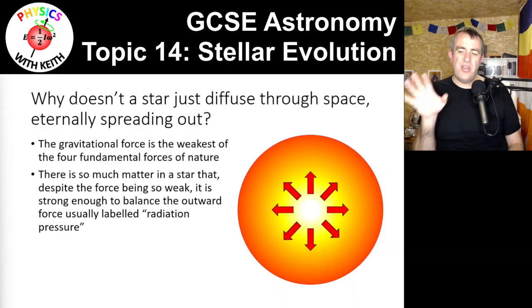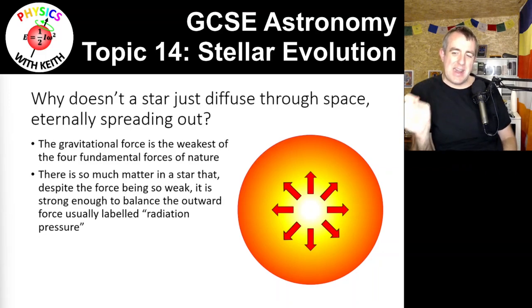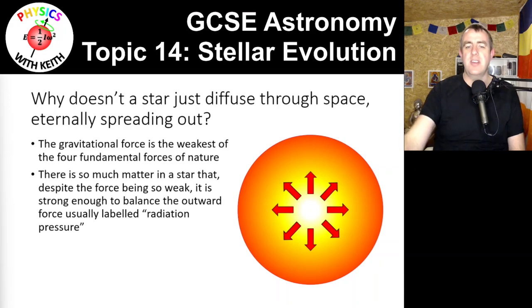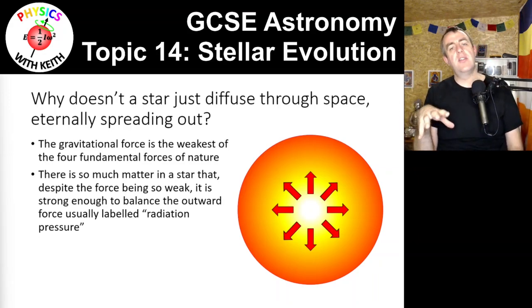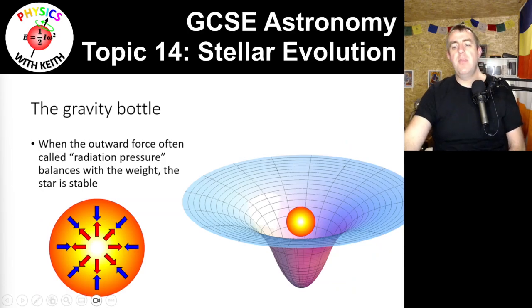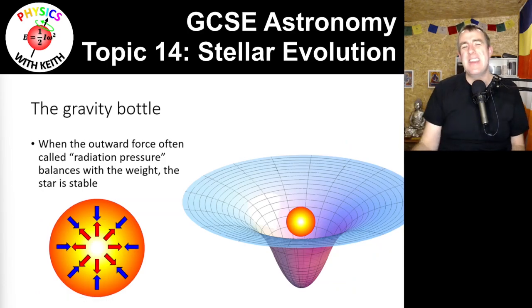So we've got this issue that we say that the weight is balanced with the radiation pressure, and that's why the star doesn't collapse. Radiation pressure is high enough and doesn't expand out forever. The weight of the star, well, the matter in the star is high enough. But I'm not keen on that terminology, but that's just a me thing.